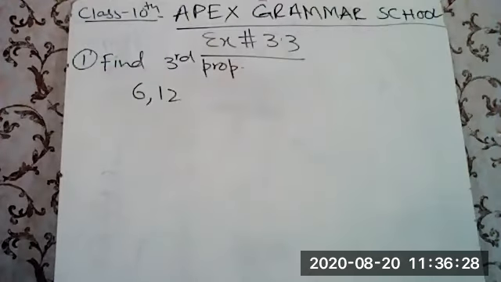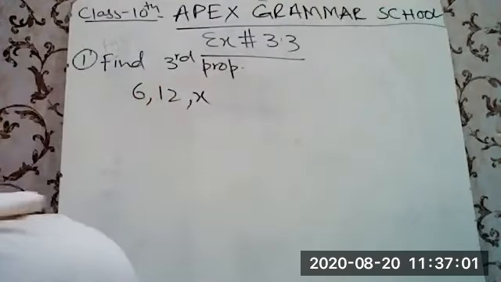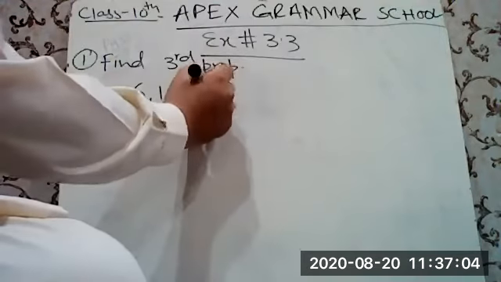Now you can see that we have two numbers. The first number is 6 and the second number is 12. We need to find the third proportional between them, and we suppose the third proportional is x.